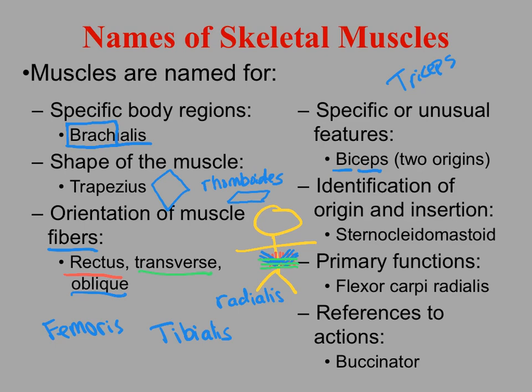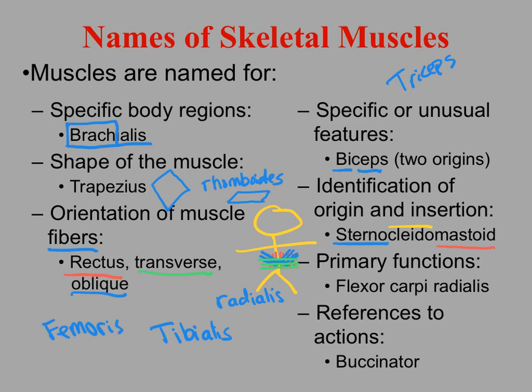In some cases, and this would be the best way in my opinion, at least for students, muscles are named for their origin and their insertion. One really good example is sterno. That means sternum, right? Cleido, if you recall from your Unit 1 homework, means clavicle. And mastoid refers to the mastoid process.